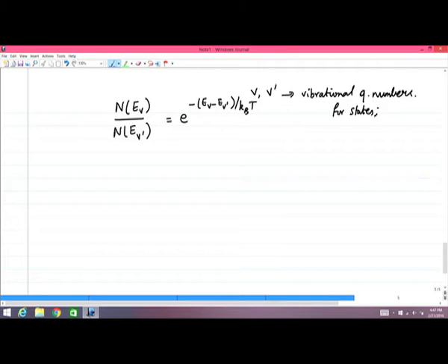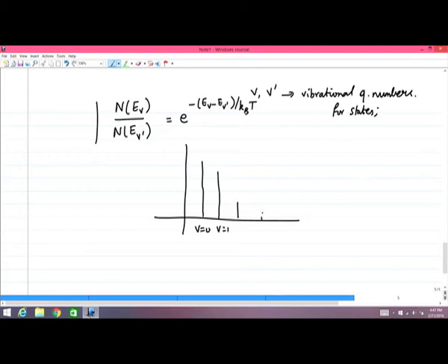Therefore, there is no factor in front of the exponential which counters the decrease of the exponential. You can see that vibrational intensities usually are maximum for the V equal to 0 to 1 transition, or the V equal to 0 state itself, and then it is slightly lower and so on, and lower and so on.